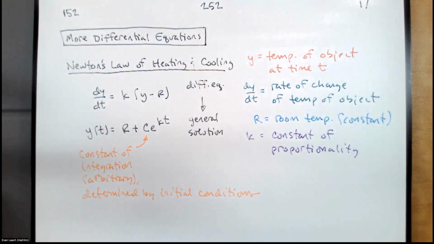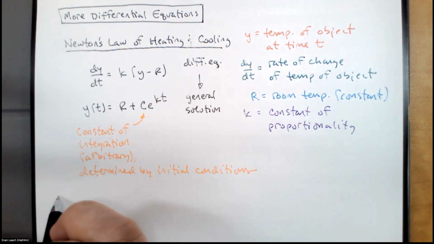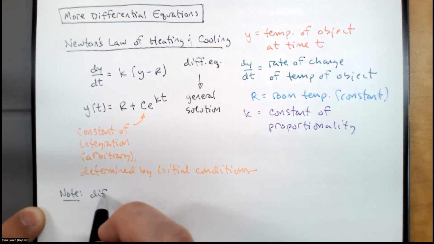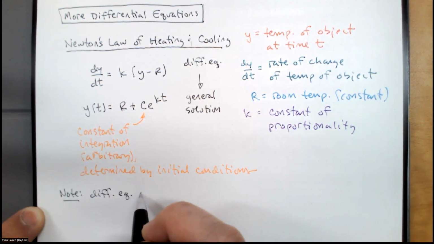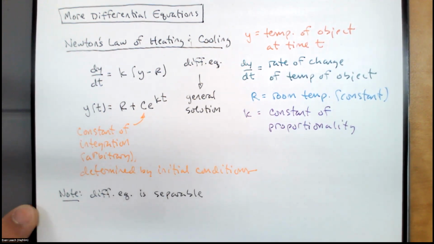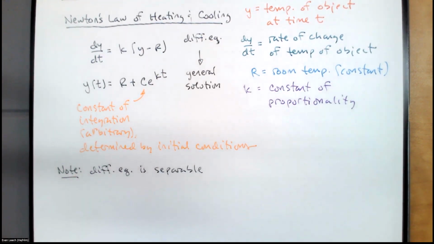Let's take a look at an example. Actually, we noted that this was a separable equation. It makes sense, this is just a variation on our exponential growth and decay that we saw yesterday, where the rate of change is proportional to the value of the function.